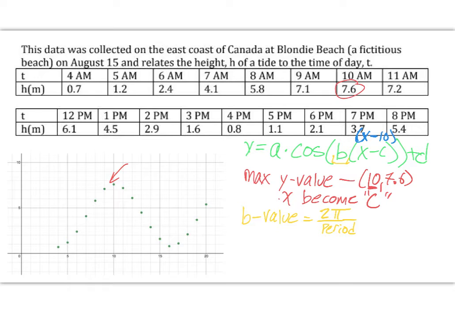The way that I'm going to figure out the period would be thinking about the highest and lowest points. And here I can see that I have 2 points that appear to be at the lowest part of these tides. I don't see where my second point for the highest would be. So I'm going to have to use the low ones.